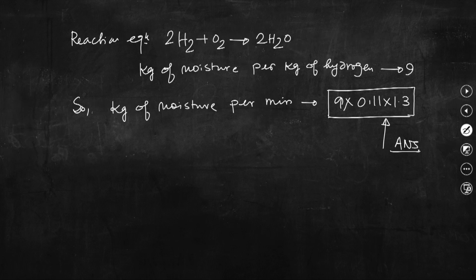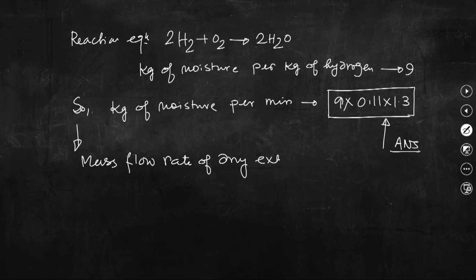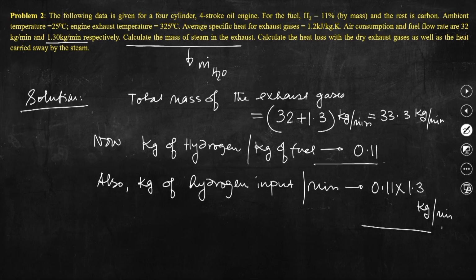So, from here we can calculate the mass flow rate of dry exhaust. The total mass flow rate, if we can recall, we had calculated in the previous slide as 33.3 kg per minute. So, this contains moisture as well.